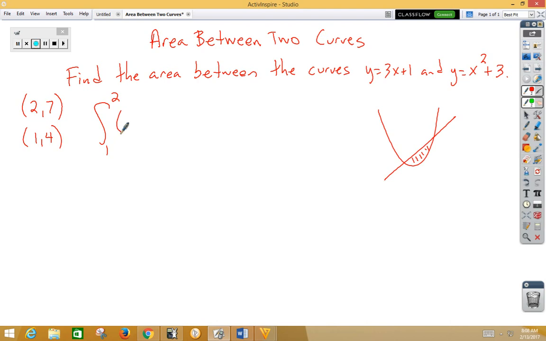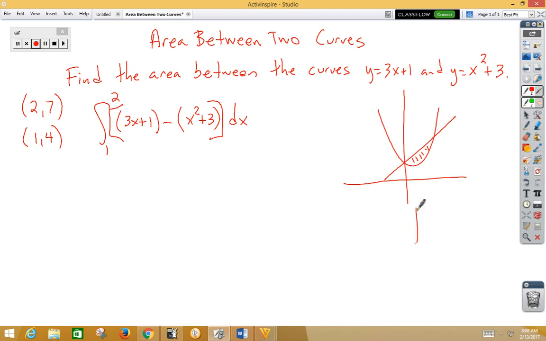The top function is the line, 3x plus 1, minus the bottom function, the parabola, x squared plus 3. And don't forget to put your dx. Remember, the theory here is that we're finding the larger area minus the smaller area, and that's going to give us the area between the curves.